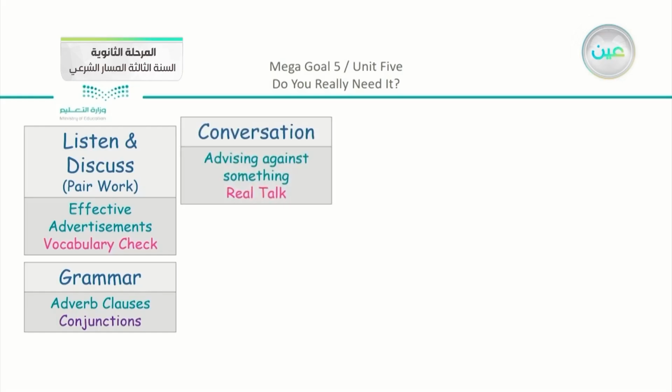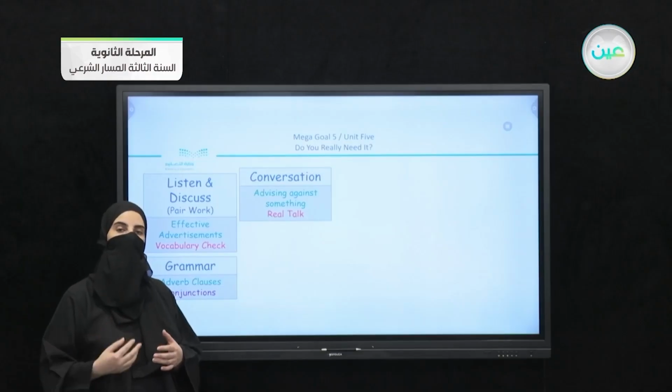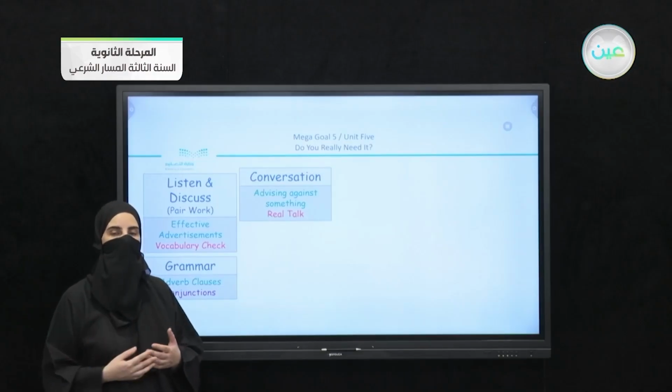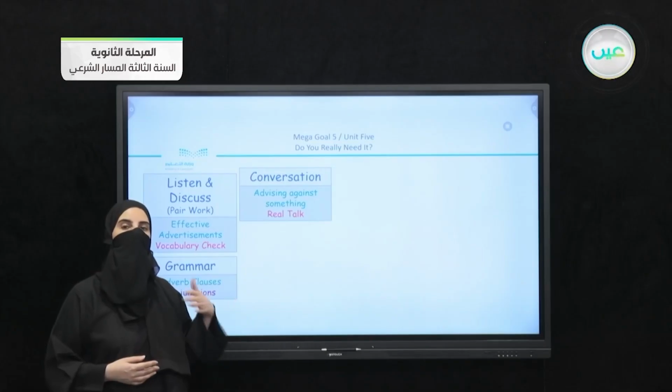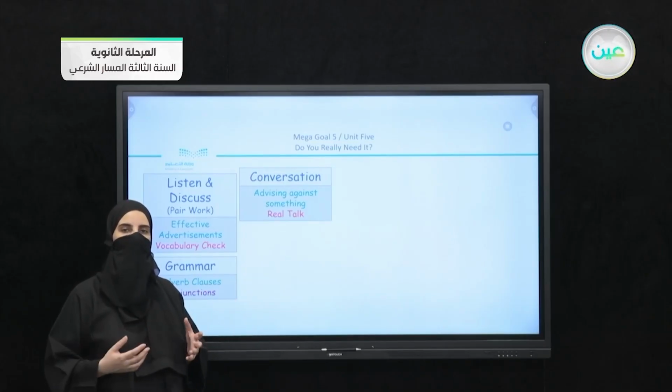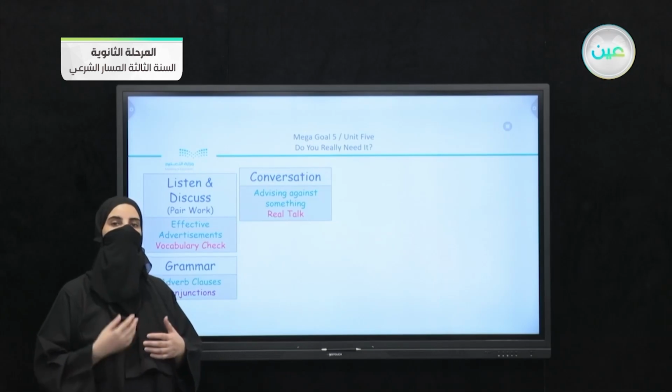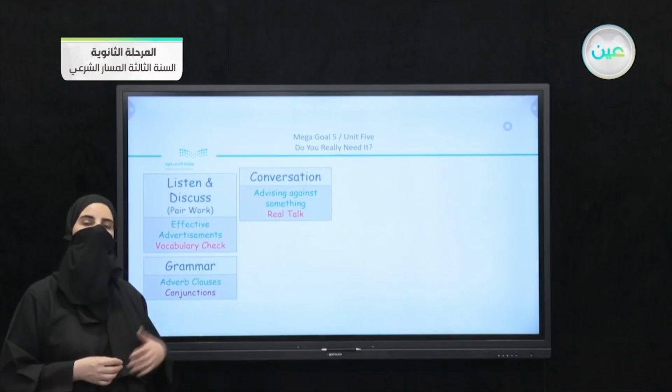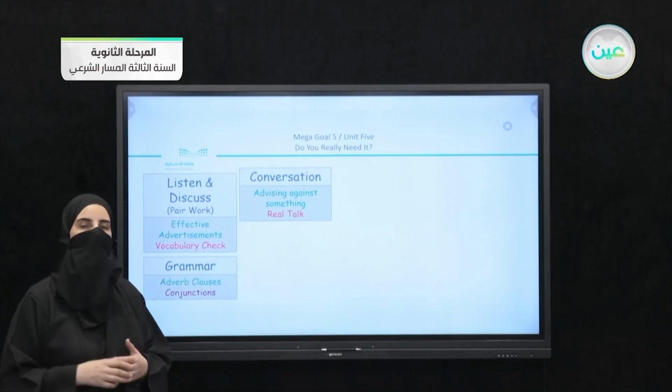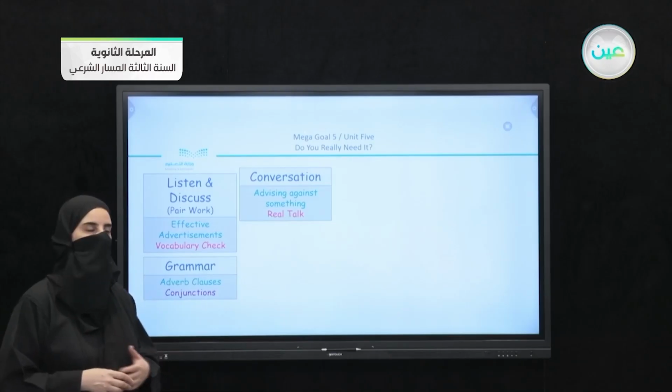In our conversation lesson, we had the conversation between two girls in the mall, and how one of them wanted to shop all the time and the other was advising against shopping. So here we have the phrases that are used to advise against something, and also the real talk and the phrases that we have learned throughout the conversation.